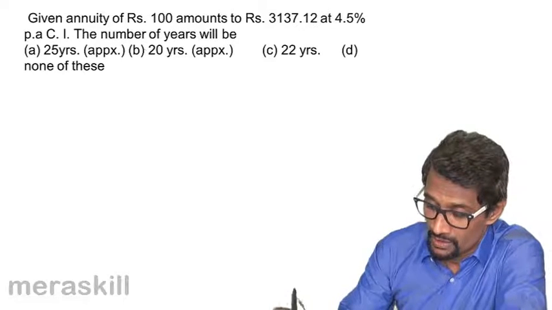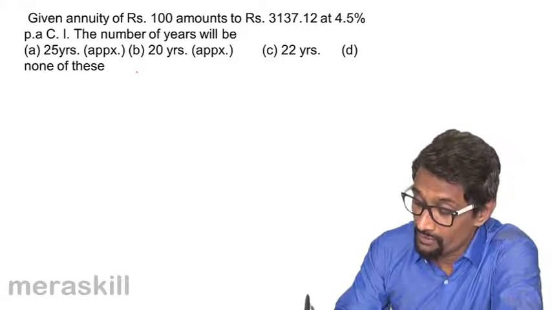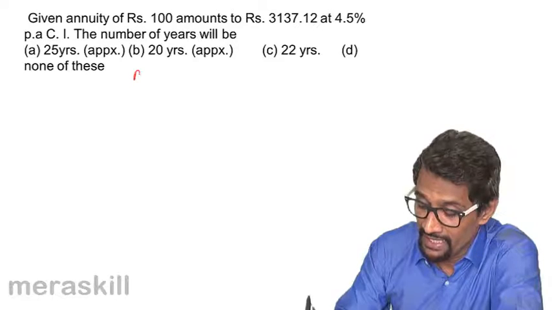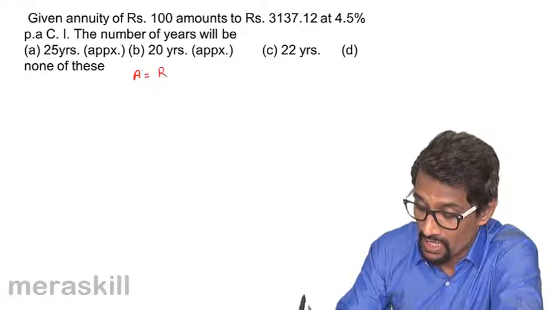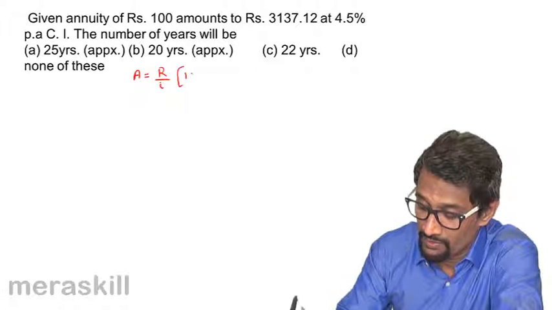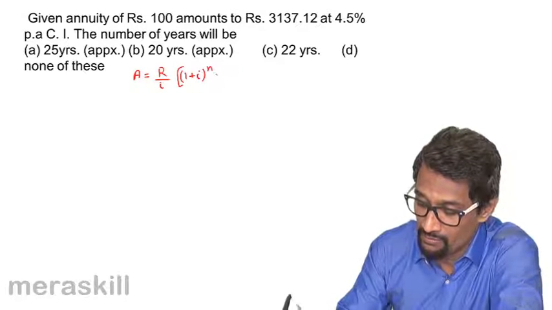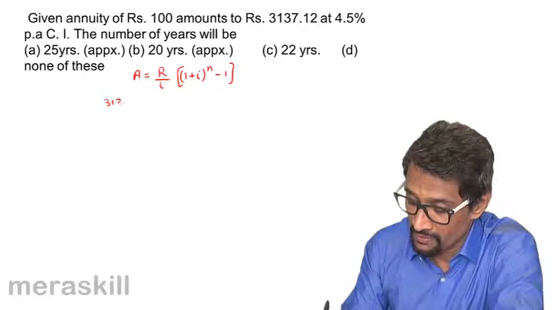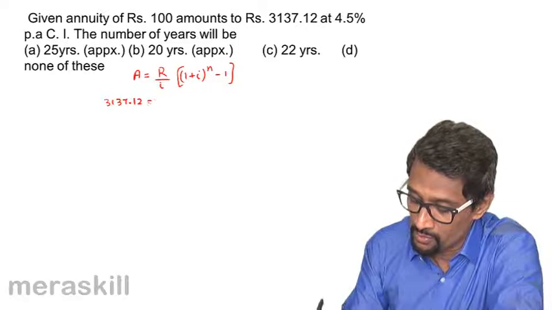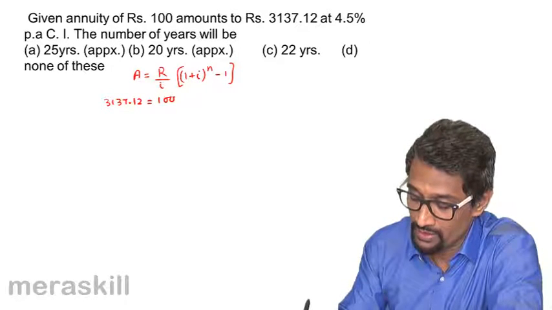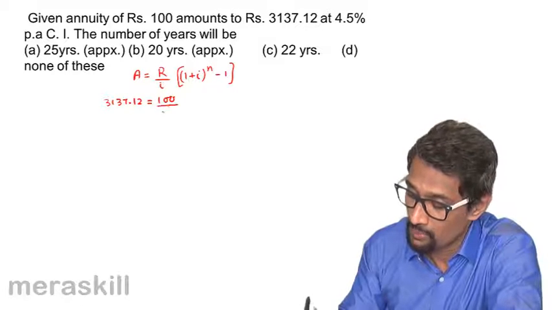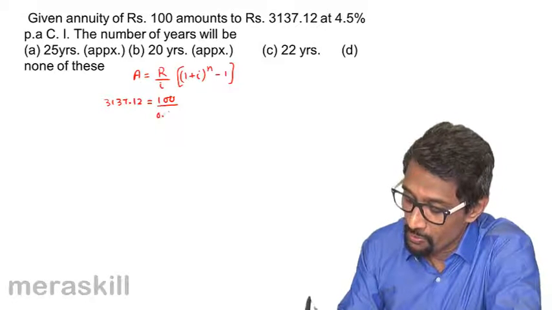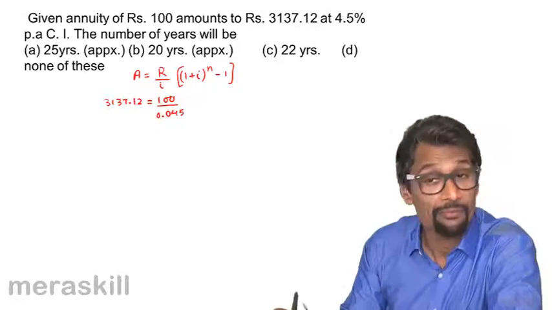So we need to have A is equal to R upon I into (1 plus I) raised to N minus 1. Out of these, we know A is 3137.12, R is 100 because the equal amount deposited is this, upon 0.045.